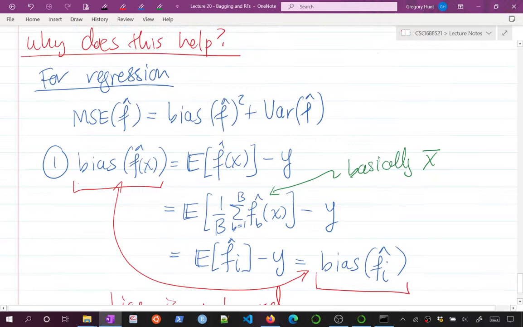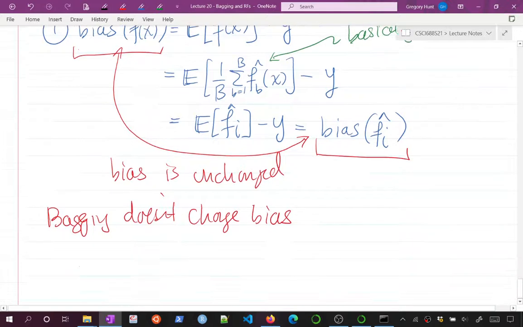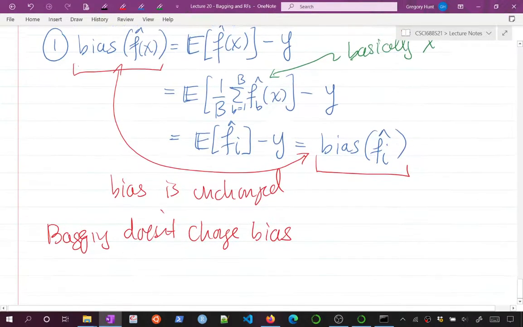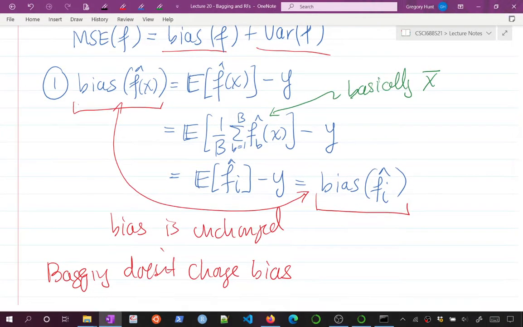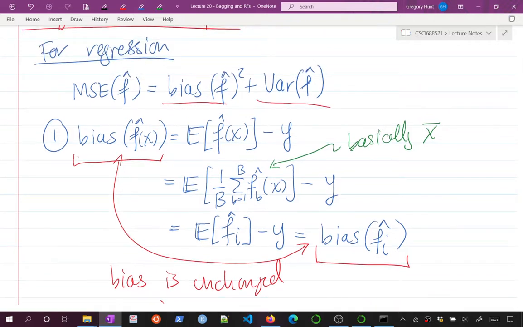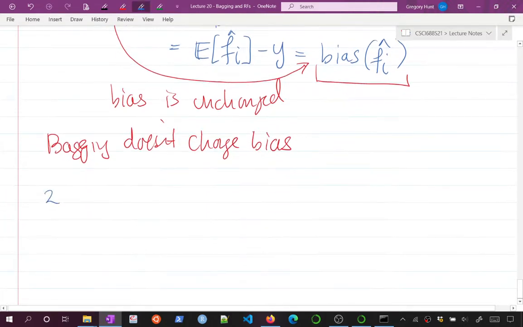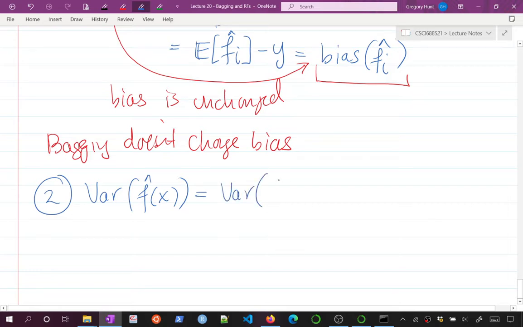What about the variance, where our MSE is the bias squared plus the variance? So far, bagging does nothing for us. It doesn't change the bias. If we want to produce a method that reduces the MSE, we either have to reduce bias or reduce variance. Bagging does not change the bias. However, the variance of our bagged classifier is basically X bar, but instead of X we have F's.